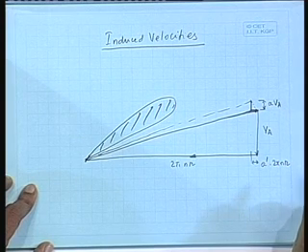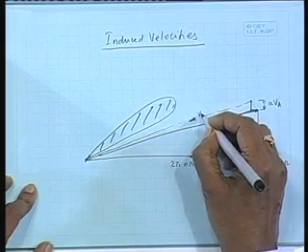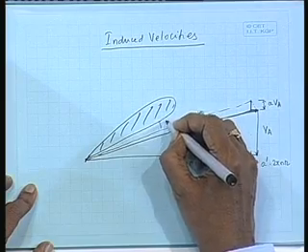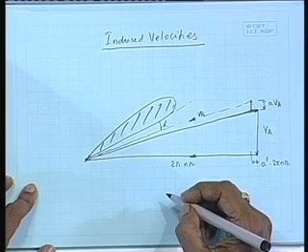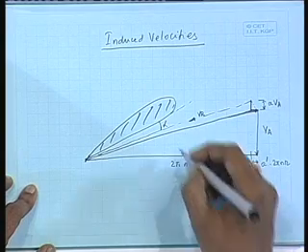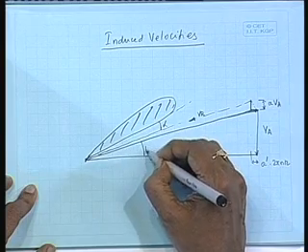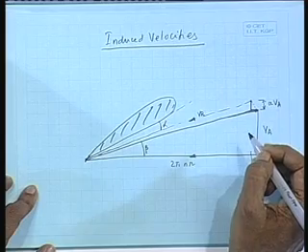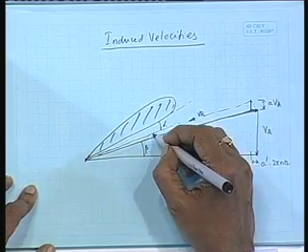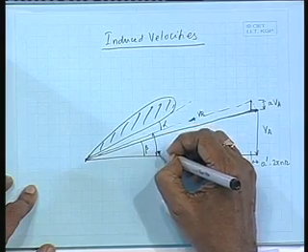So, you see what is the effect? The VR is changed slightly, and the angle of attack further reduces. Can you see that? This was the initial geometric pitch angle beta as defined earlier, but now the effective pitch angle, or the hydrodynamic pitch angle, changes.